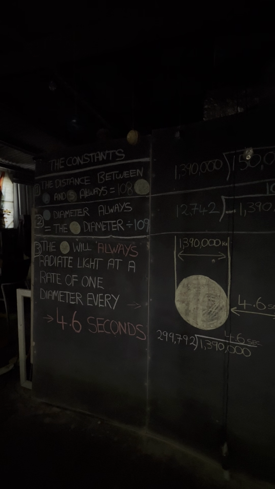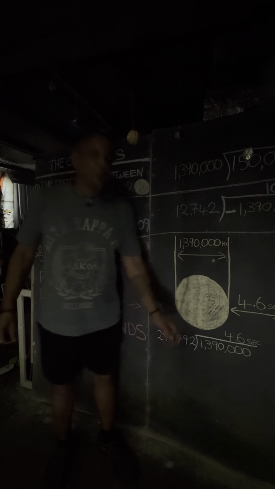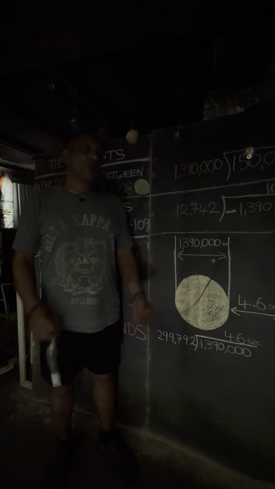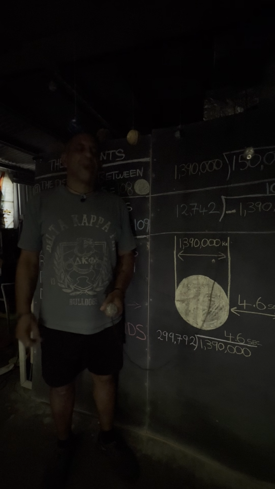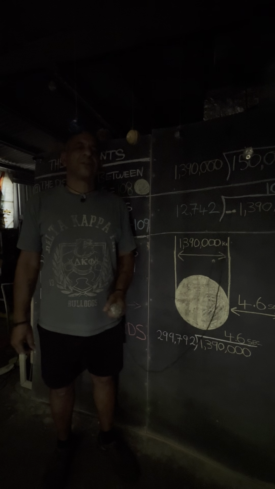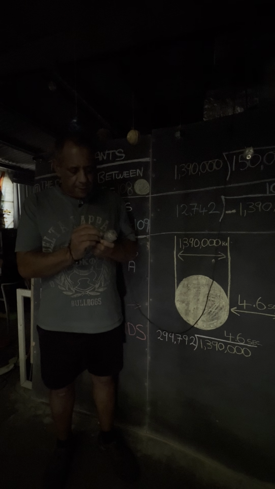They tell us it takes 8 minutes and 20 seconds for the sunlight to reach planet Earth. It travels 150 million kilometers in 8 minutes and 20 seconds. That works out to be 299,792 kilometers per second. Now this is what happens when I turn this bulb on. Right, ready?